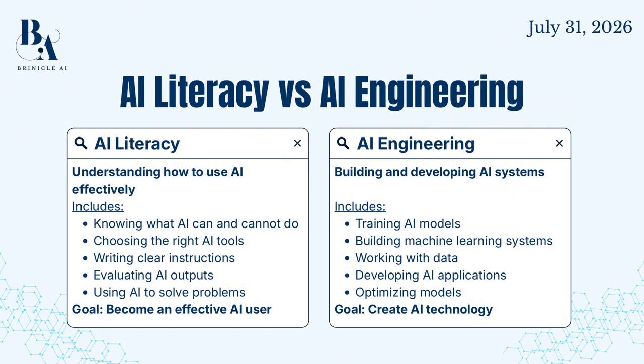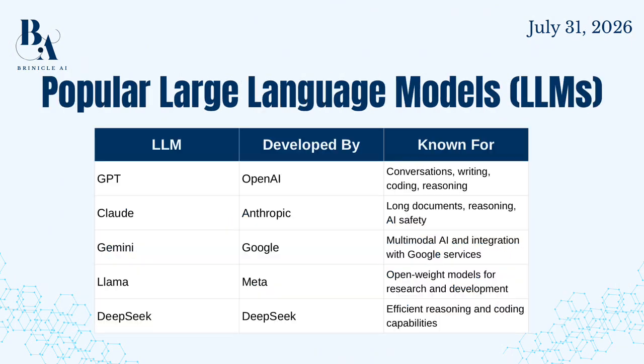In the future, AI literacy will become a valuable skill across almost every field. A designer, doctor, marketer, developer, or business owner may not build AI models, but they can all use AI to improve their work. The people who benefit most will not necessarily be the ones who know the most complex algorithms, but the ones who know how to combine human skills with AI tools.